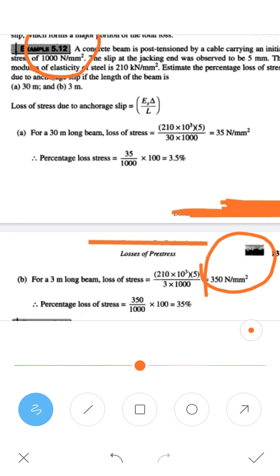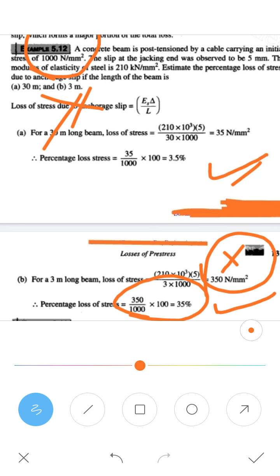So 350 divided by 1000 and multiplied by 100, you will get the 35% as loss. So for the 30-meter long beam, the percentage of loss due to the anchorage slip is 3.5%. For the 3-meter length of the span, the percentage of loss is 35 percent.